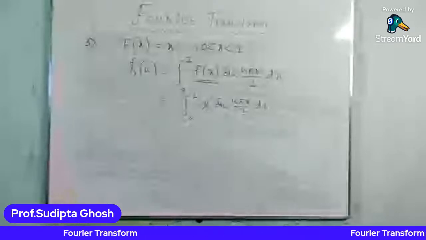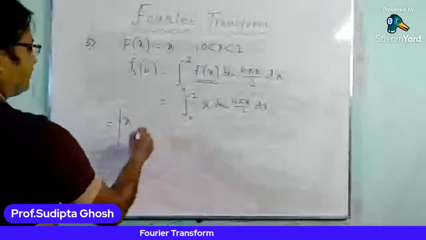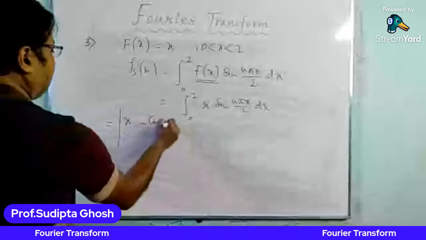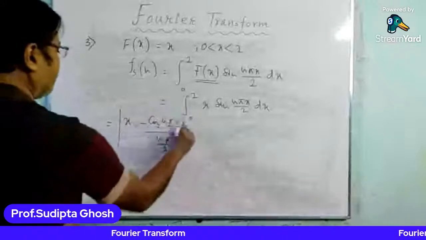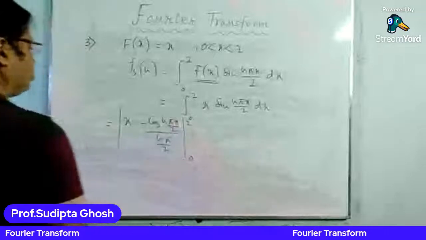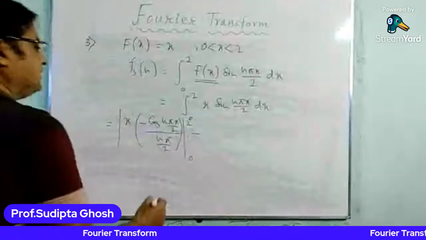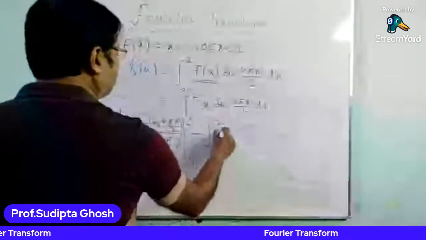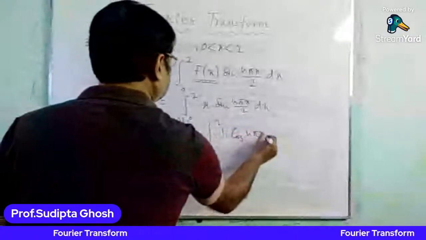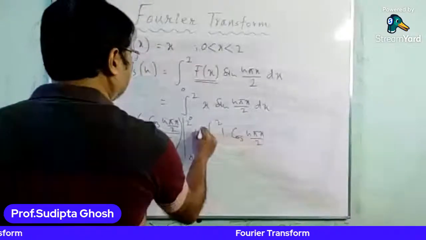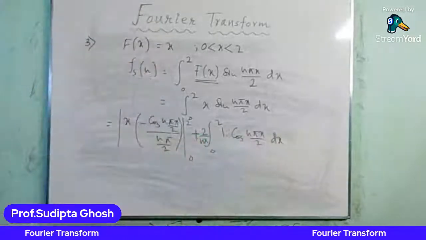Keeping x as the first function, it will be the first function into the integral of the second, that is minus cos(n pi x by 2) divided by n pi by 2, with limit 0 to 2 in brackets, then minus integral 0 to 2 of the differentiation of the first, that is 1, into the integral of the second, that is cos(n pi x by 2) divided by n pi by 2, which is 2 by n pi, into dx, right?